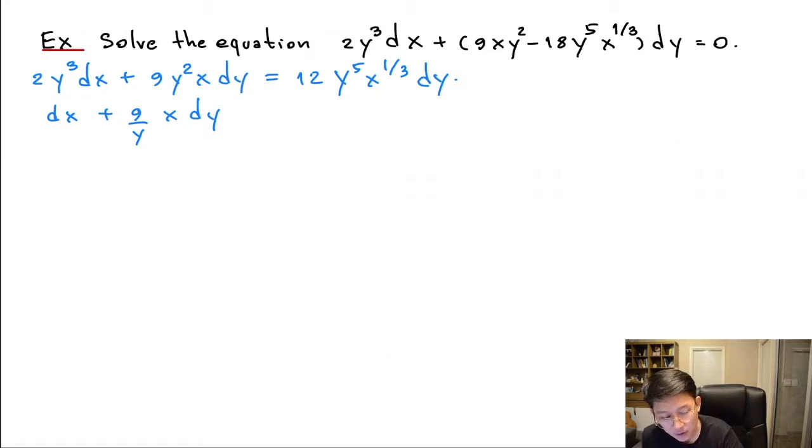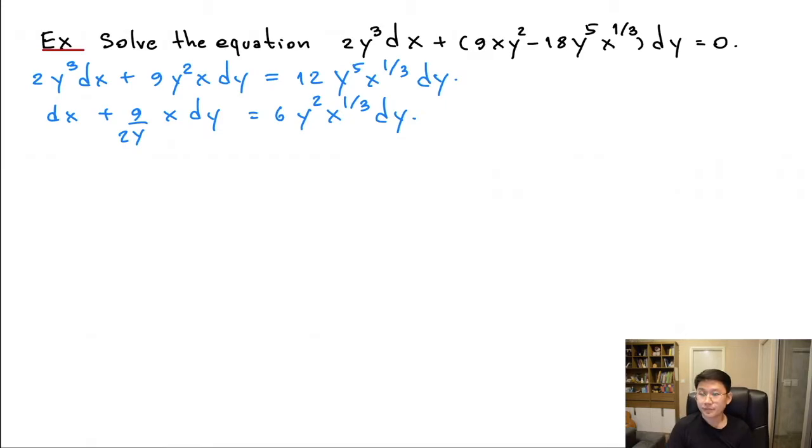Because I have y squared up here, I divide it by 2y cubed, so this cancelled. I still have one left here, right? So I have 2 here as well, and here is 6y squared x 1/3 dy.